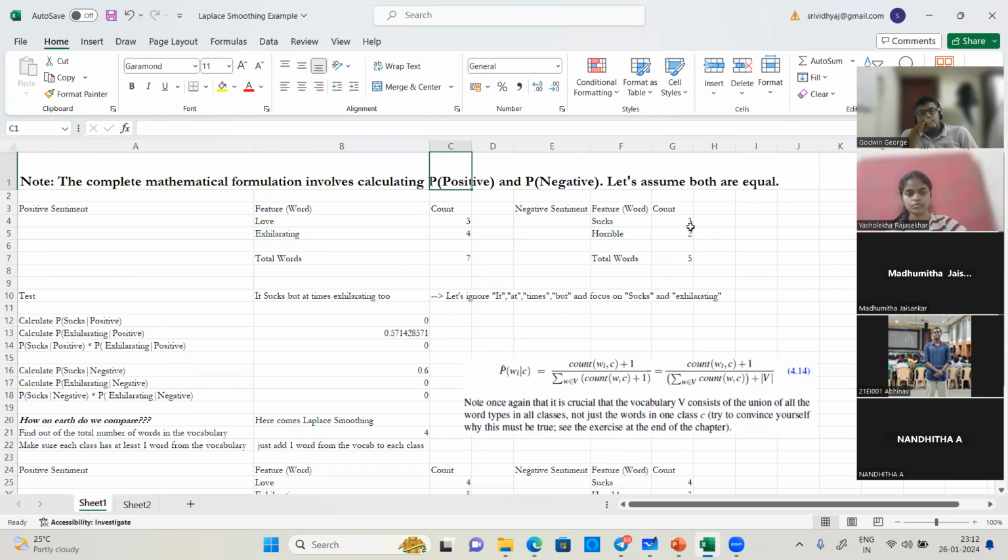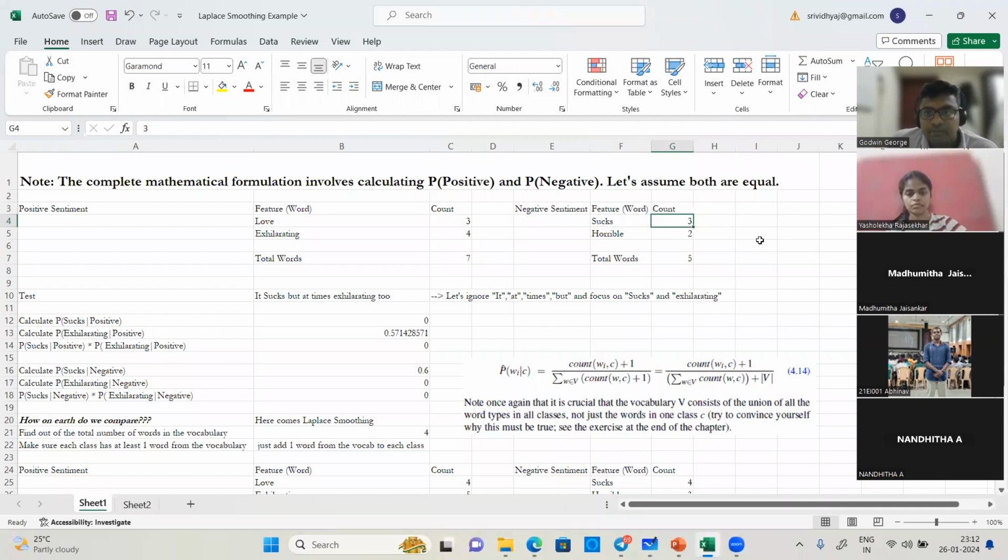Likewise, let's go to the negative sentiment. As I said, it assigns one word each from the vocabulary to both classes. So how many occurrences of sucks in negative sentiment? It assigns one word each from the vocabulary.